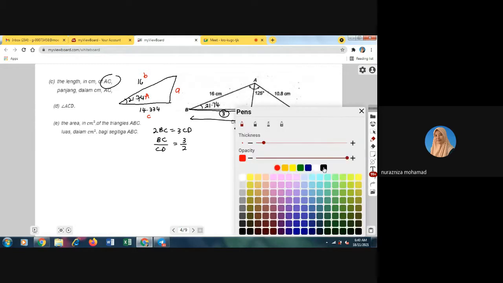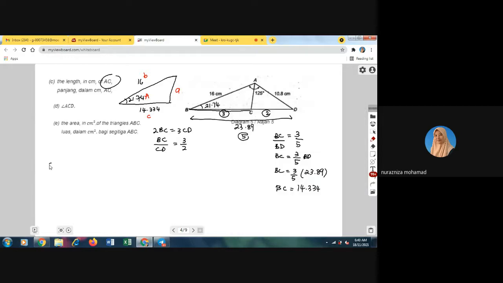The cosine rule is A square equal to B square plus C square minus 2BC cos A. Substitute. A square is the length of AC, equal to B square.